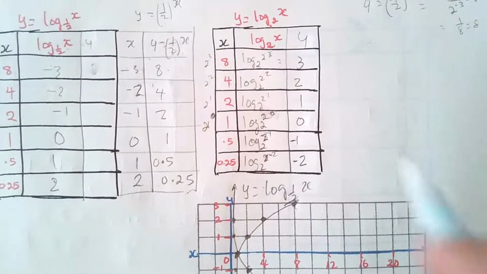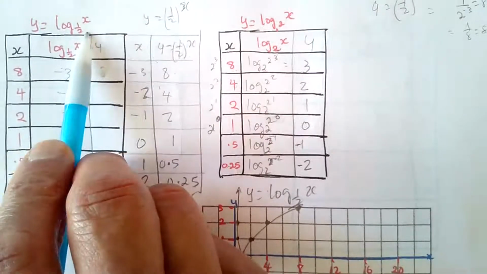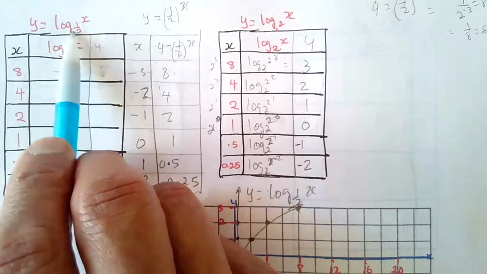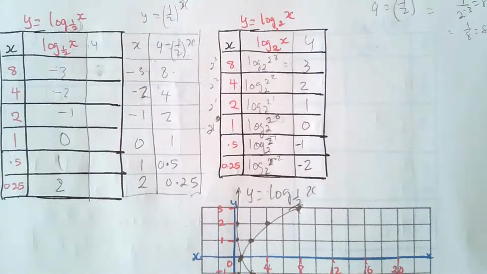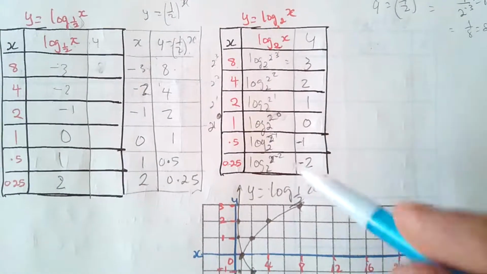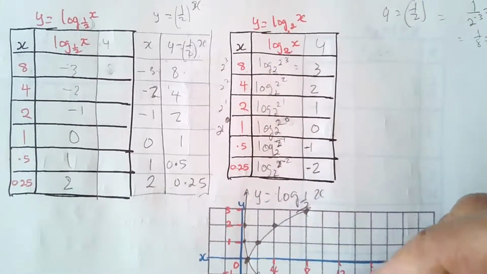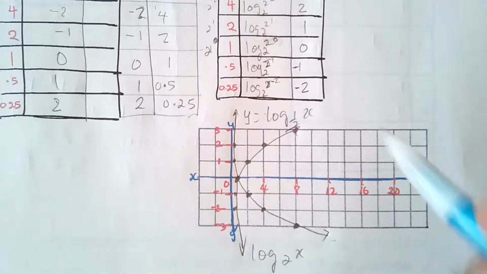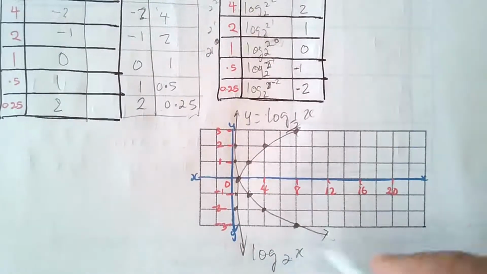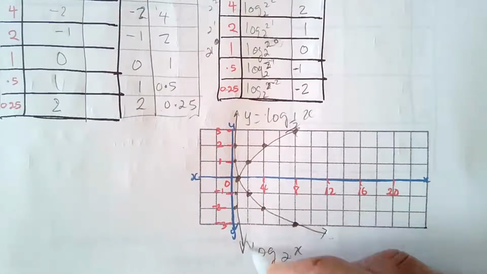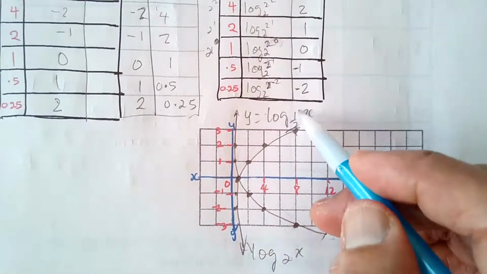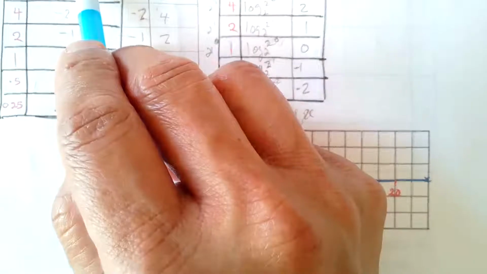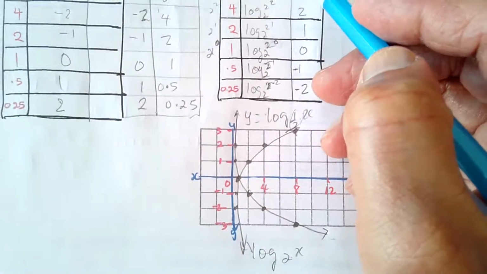So we can conclude that if the base b is between 0 and 1, the graph is decreasing. So log half of x, this graph is decreasing, the other one is increasing.